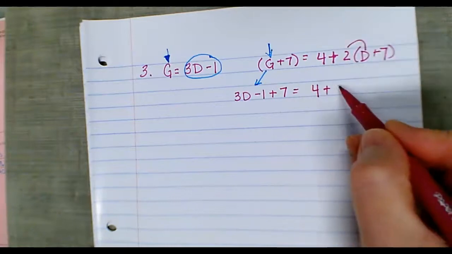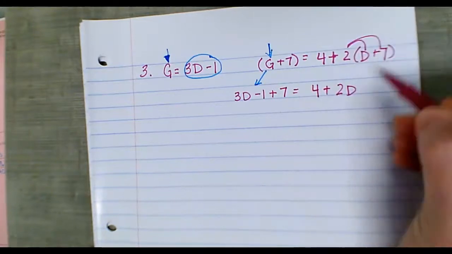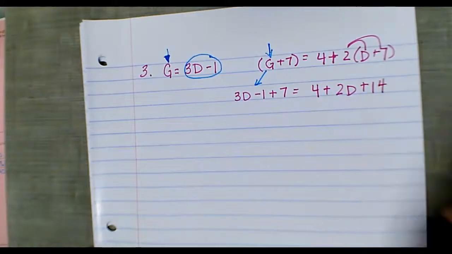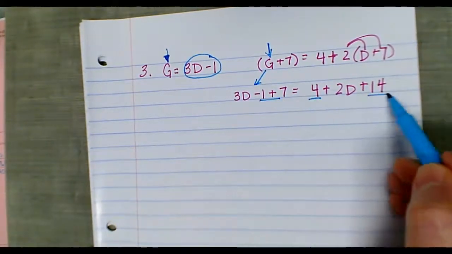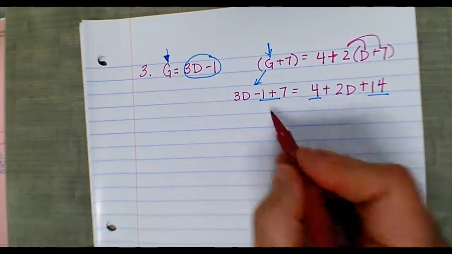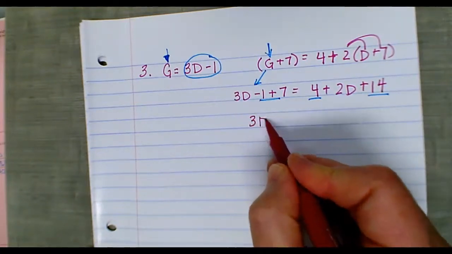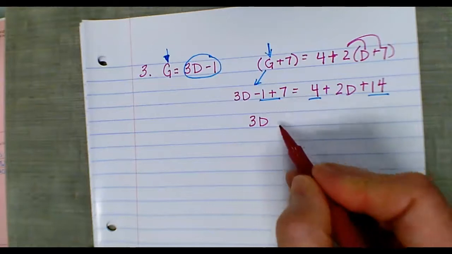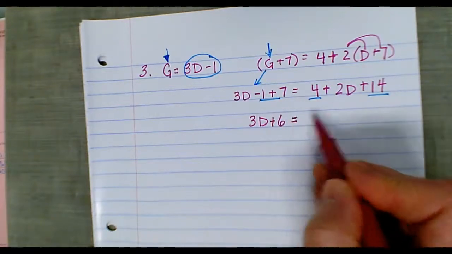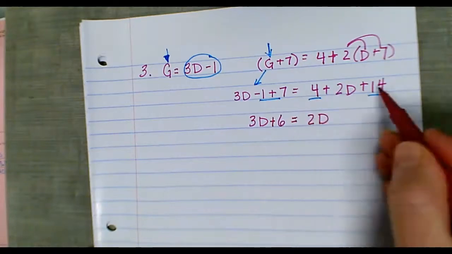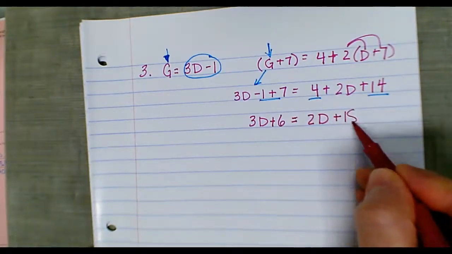And this needs to distribute. Combine like terms. When these have opposite signs, you subtract them and take the sign of the largest number. Those are both positive, so you add them up.